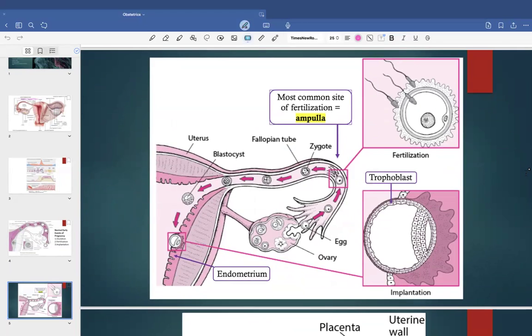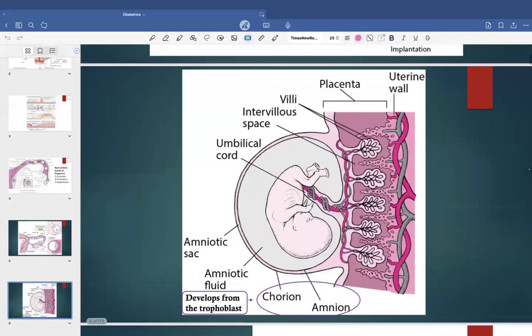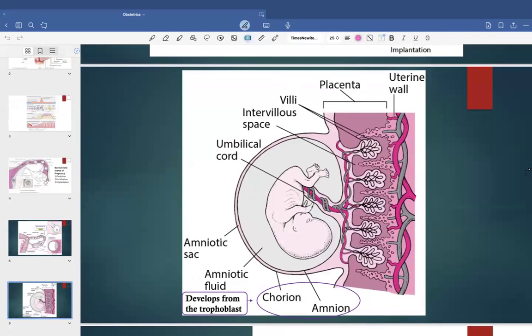All right. So we're gonna look at a little cross section from that trophoblast, that cell layer of the blastocyst. It's gonna develop into a couple of different things, like we said earlier. So here, the chorion and the amnion. And you can see that it's like an outer shell, like an outer barrier of protecting the fetus.